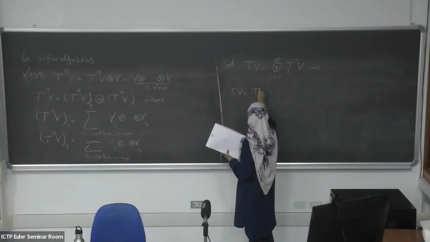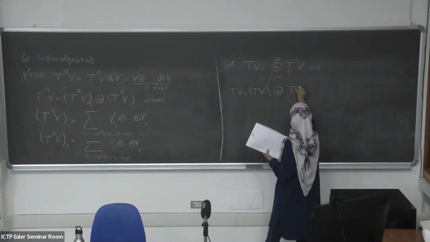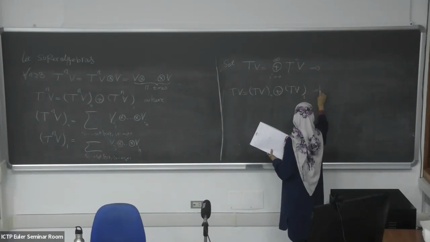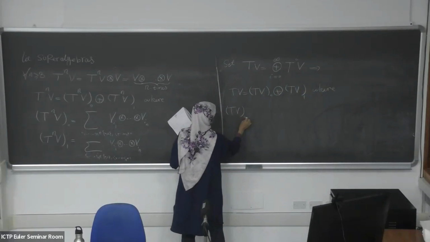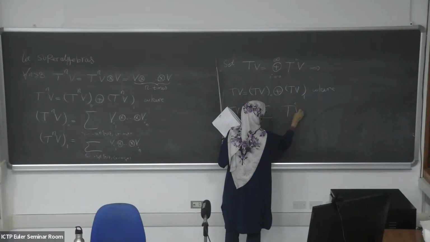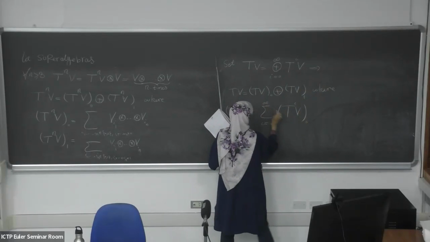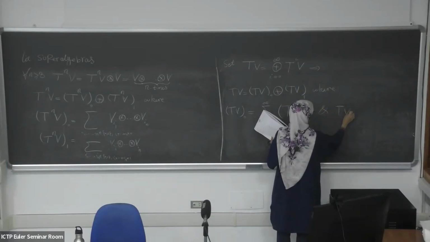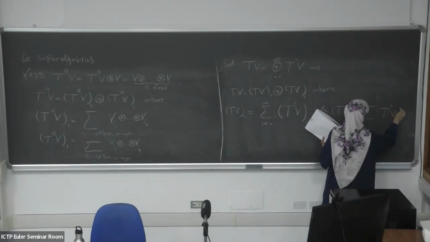TV is TV_0 direct sum TV_1, where TV_0 is just the summation of T^i V_0 and TV_1 is the summation of T^i V_1.